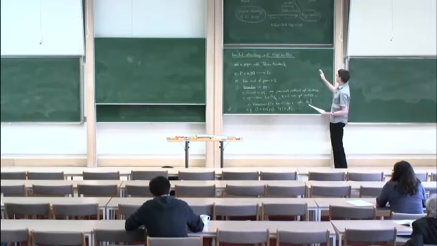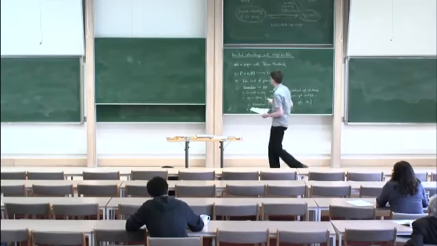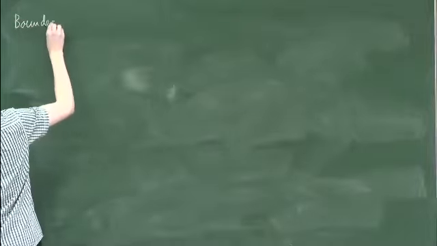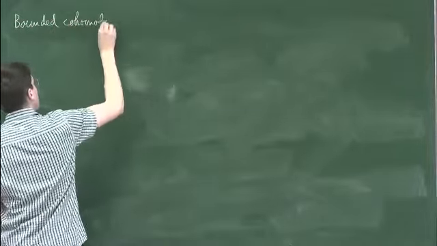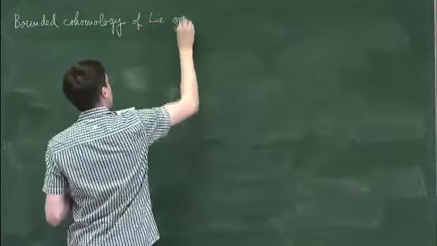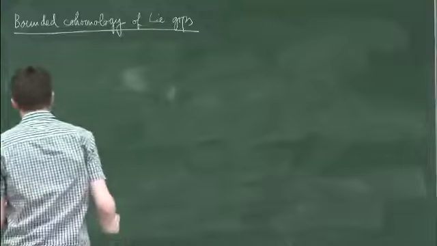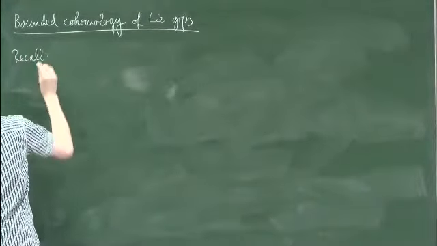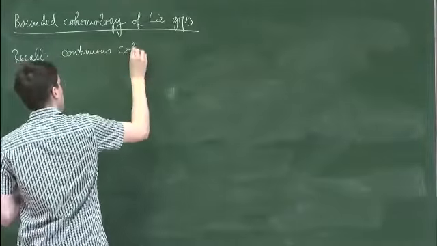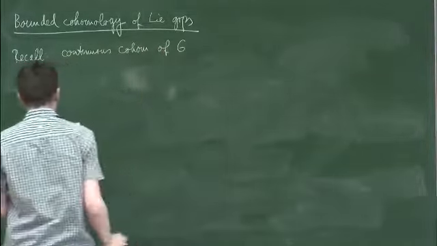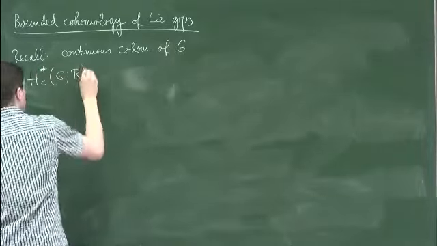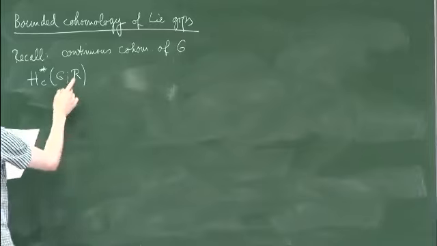Okay, so I assume most people are not familiar with the bounded cohomology of Lie groups, so I'll start explaining this. So let us first recall the continuous group cohomology. So we always take the real numbers as coefficients.